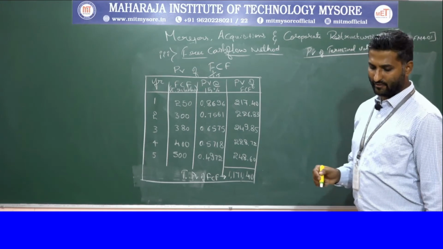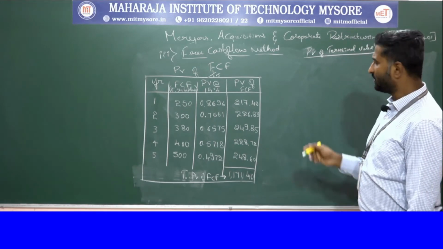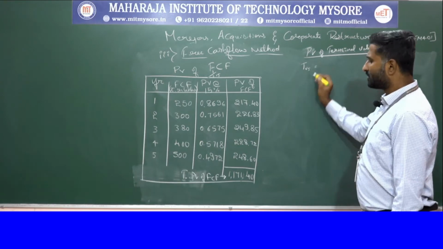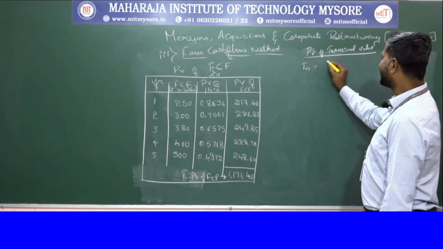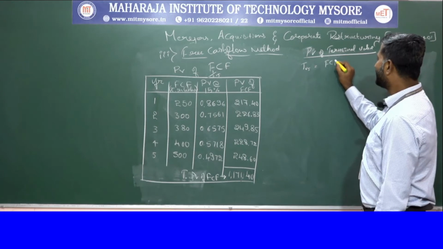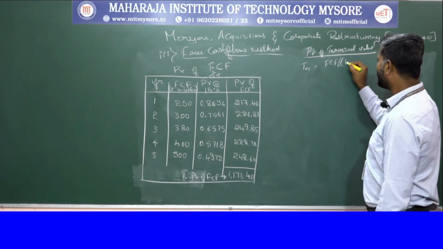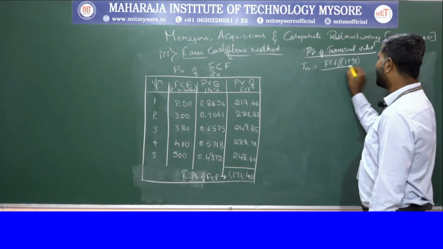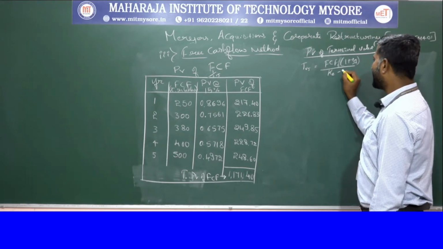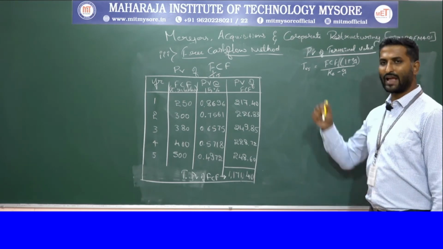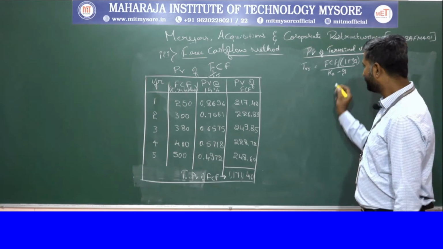Here we require TV5. So TV5, where we consider FCF of the 5th year into 1 plus G, all divided by KE minus G. This is the formula which we use to calculate the terminal value.